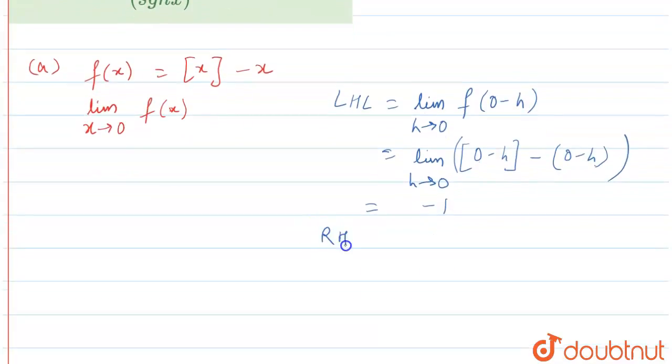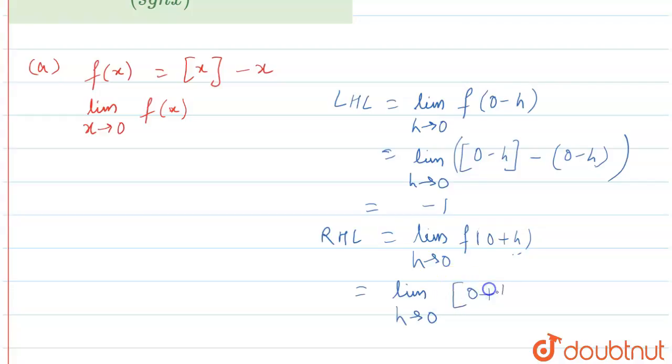Now coming to RHL part, here we have limit h tends to 0 f of 0 plus h. So limit h tends to 0, here we have greatest integer of 0 plus h minus 0 plus h.